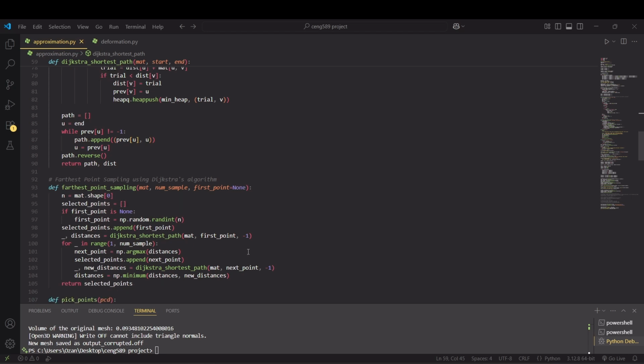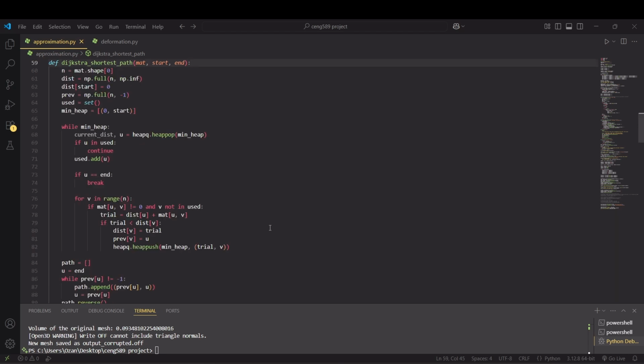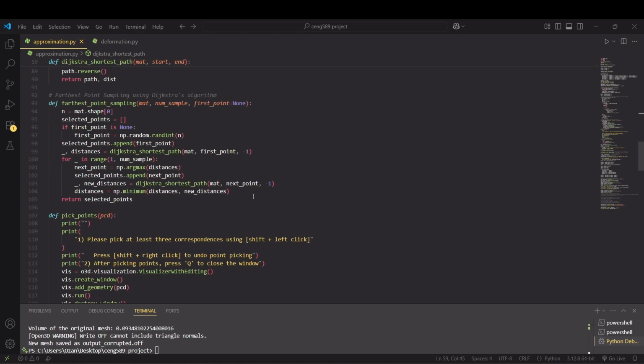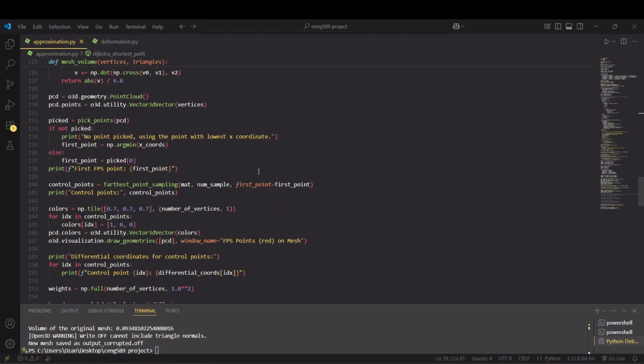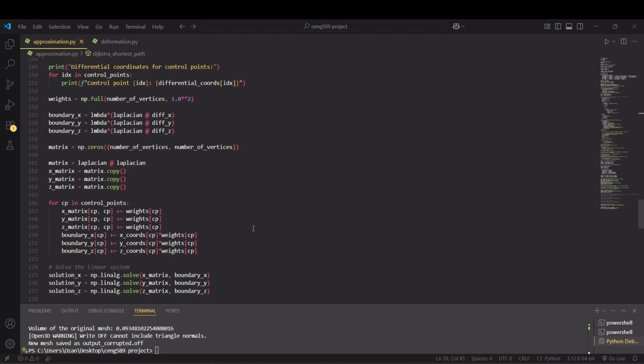Therefore, I will use farthest point sampling to find control points. And for farthest point sampling, we need distances between vertices, geodesic distance between vertices. For that, I used the Dijkstra shortest path algorithm.